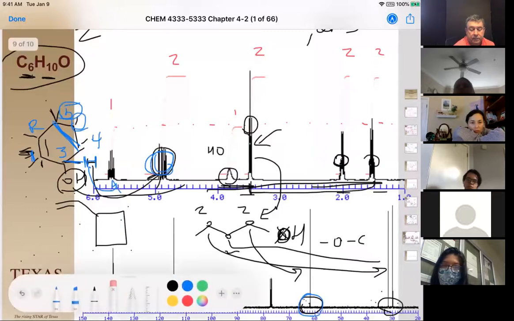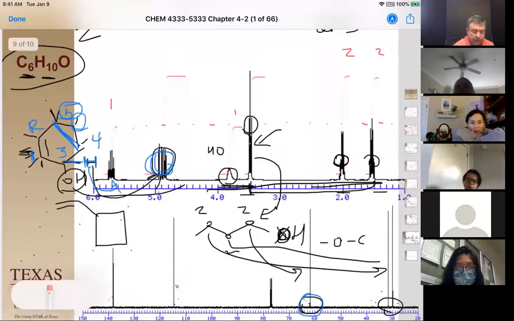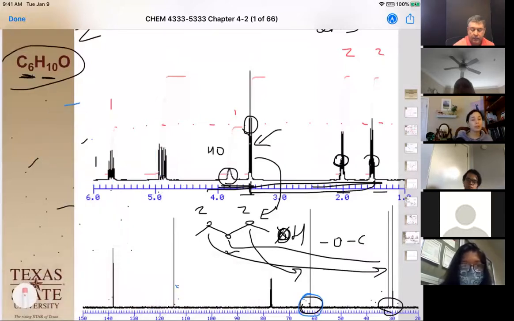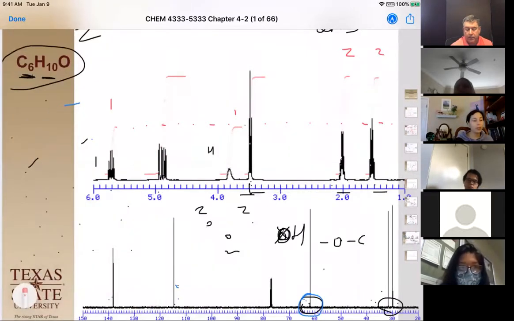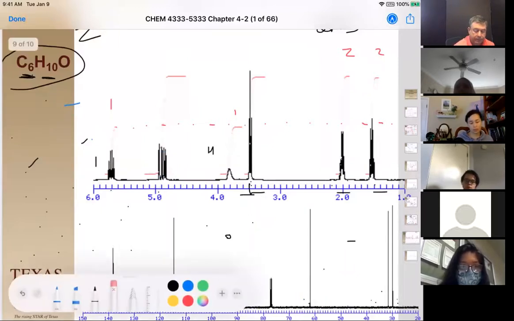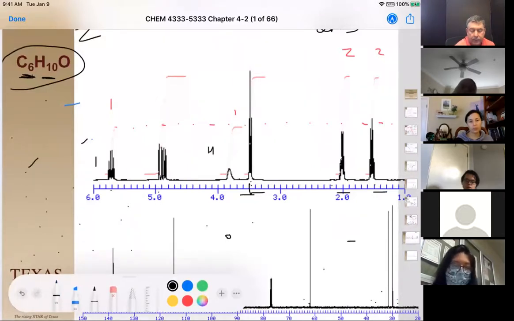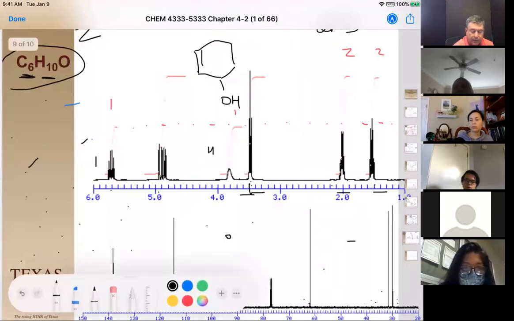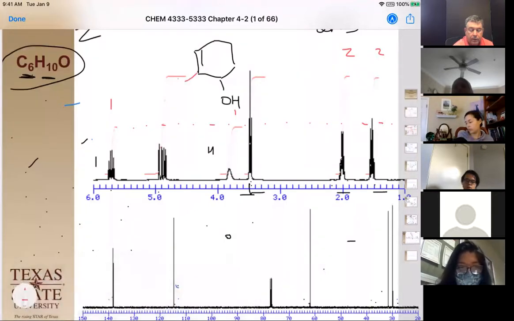Okay, so let's look at that argument one more time. Let's redraw the structure and then label all the different hydrogens and look for consistency. And then that will be it for today. All right, so let's go draw the structure here. And we have hydrogen, hydrogen, which could be these.